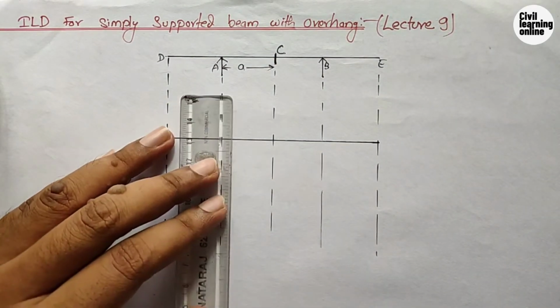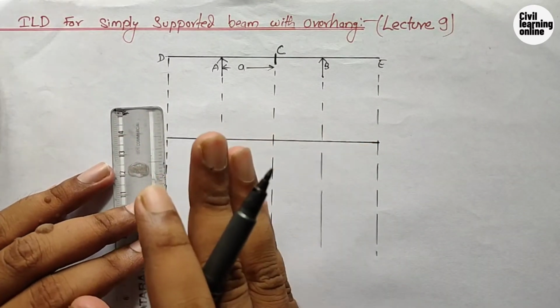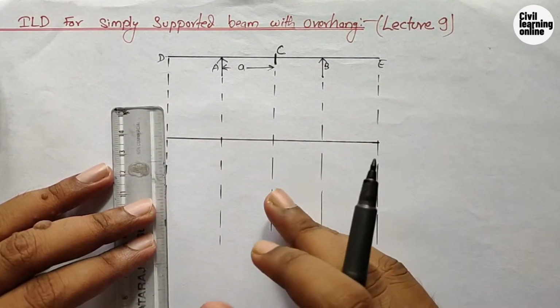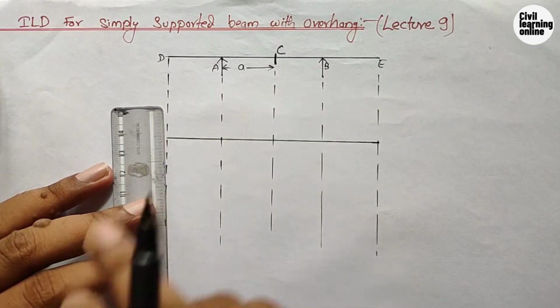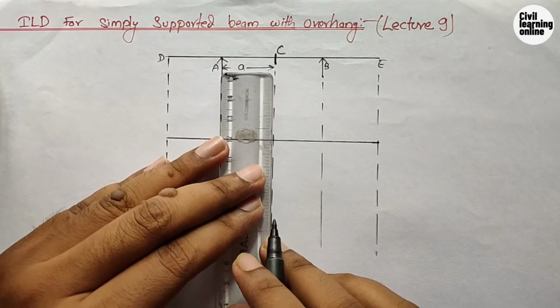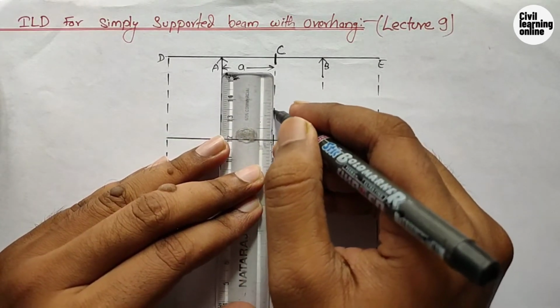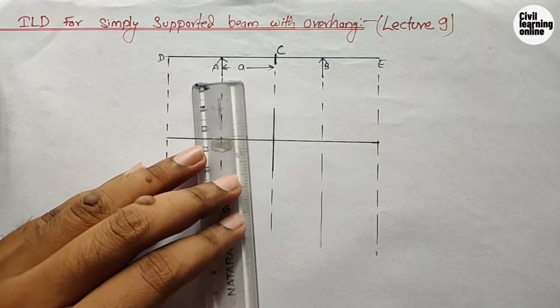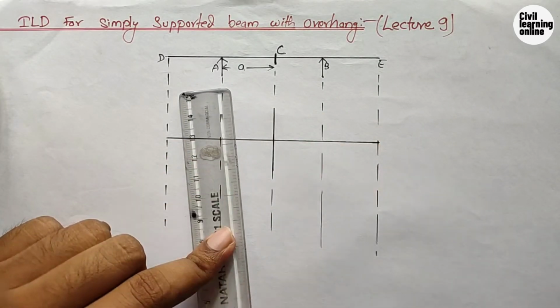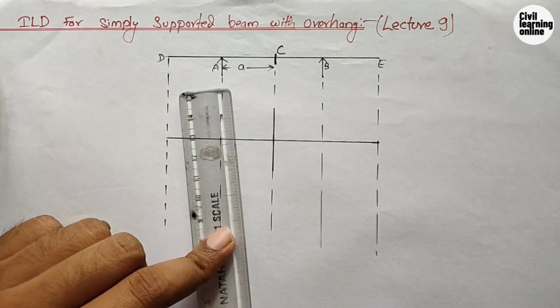Now guys, if you have watched my previous video on drawing the shear force for the simply supported beam, there I mentioned that we will be using the portion of the influence line diagram which is for the reaction at the support.